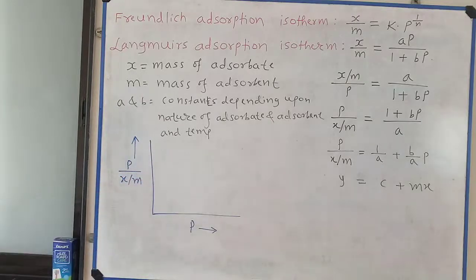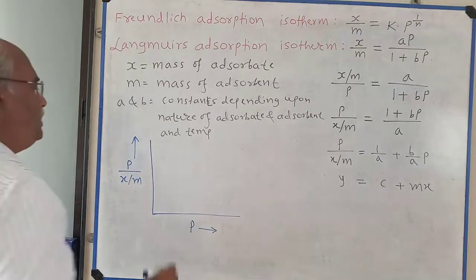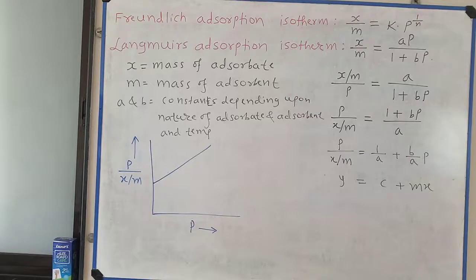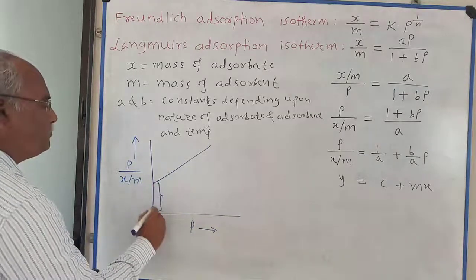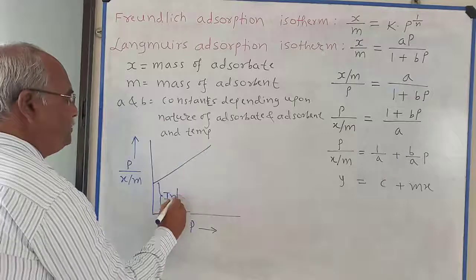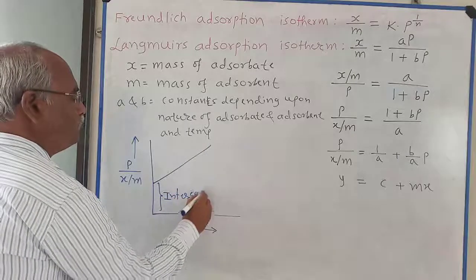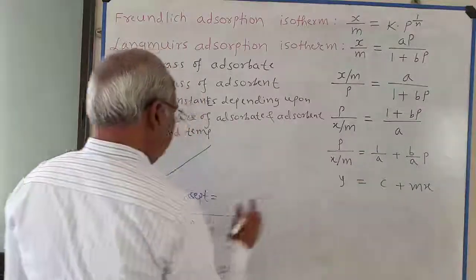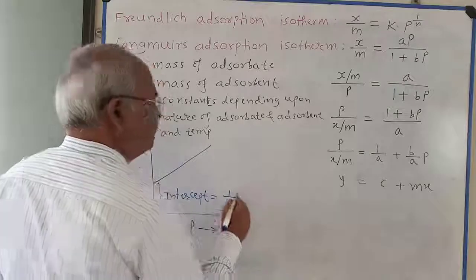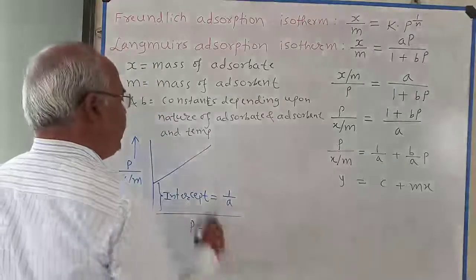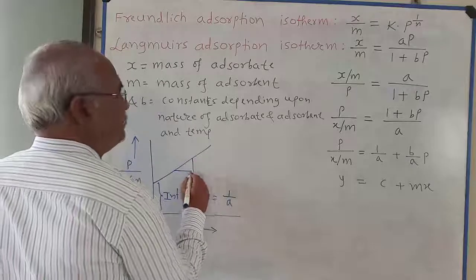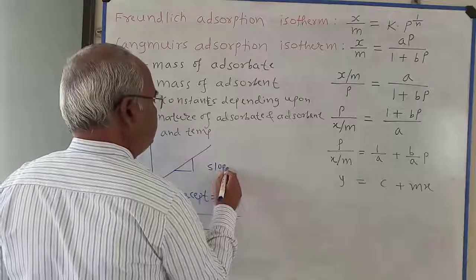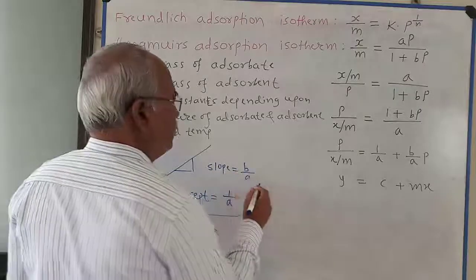The nature of the graph is a straight line. This is the intercept on the y-axis. This intercept is equal to 1 upon a. And the slope of the equation is equal to b upon a.